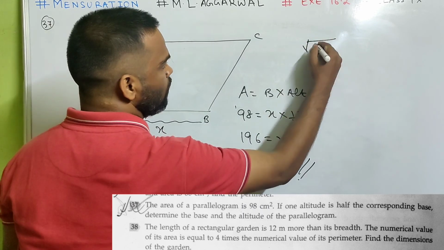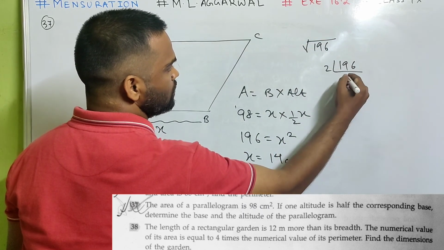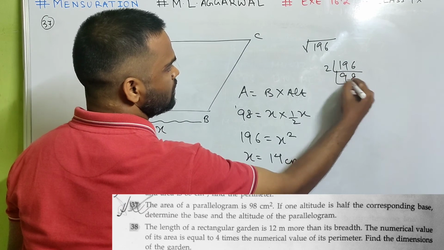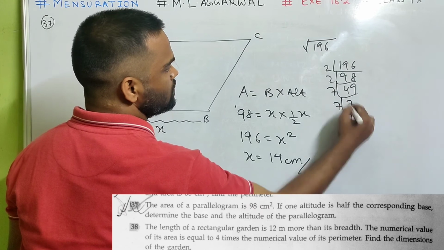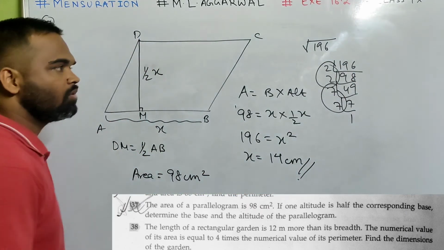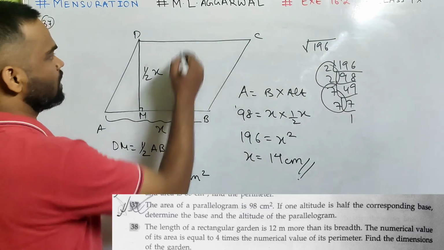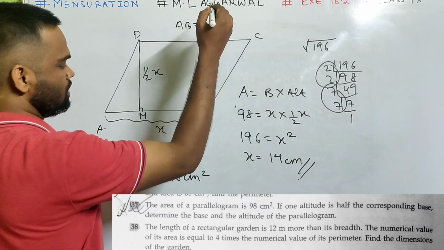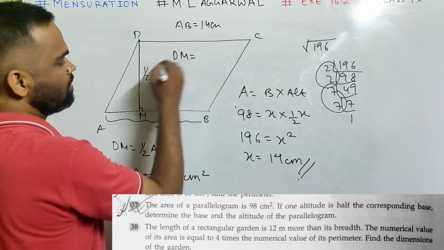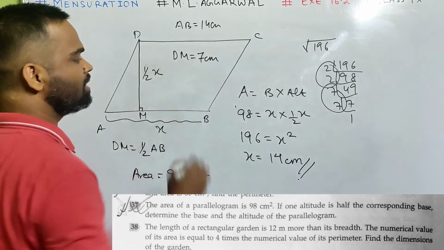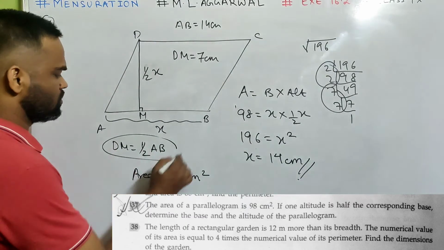See, square root of 196. We know the factors: 2, 98, 2, 49, 7. So 7 2 times 14. So the square root will be 14. So once you got x, AB, your base, is 14 centimeter and your height DM will be 14 by 2. That's 7 centimeter. Very easy. Okay, just the relation was useful over here.